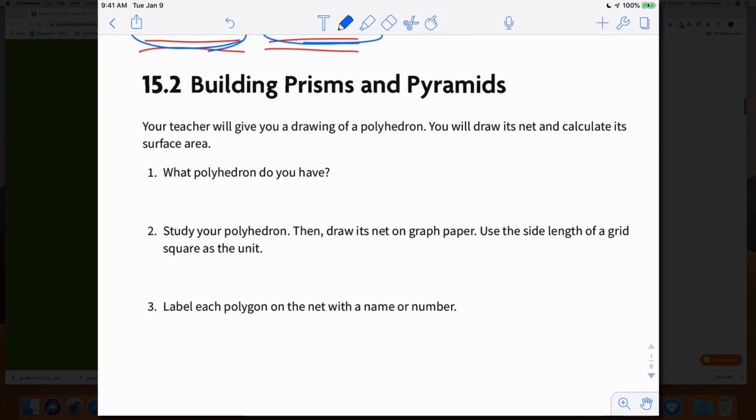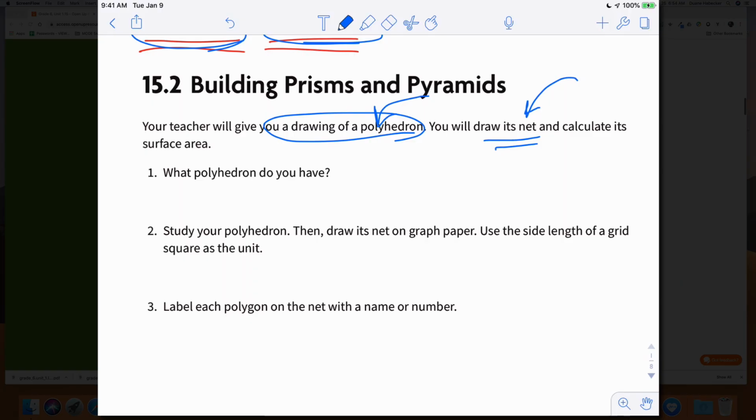All right, so now the big bulk of our lesson today, about 30 minutes or so. The teacher, you're going to give your students a drawing of a polyhedron, and then students, working in groups, are going to grapple with what the net for the polyhedron looks like.